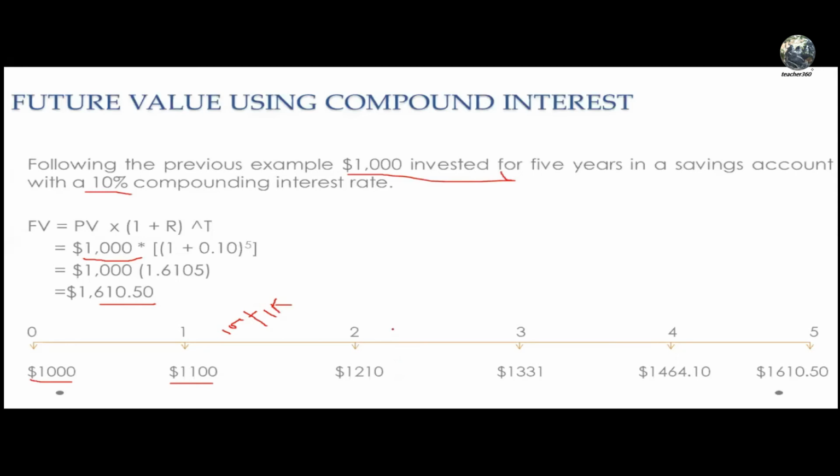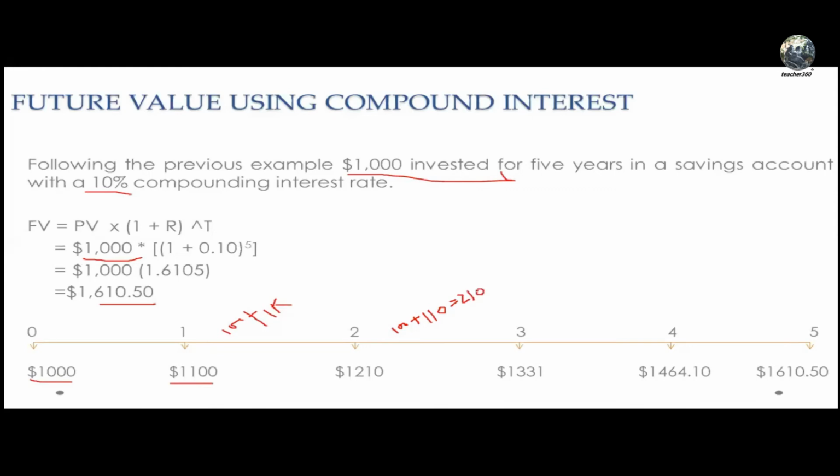Interest on your principal is $100 at the rate of 10%, plus interest on last year value is 110 at the rate of 10%, which is $210.